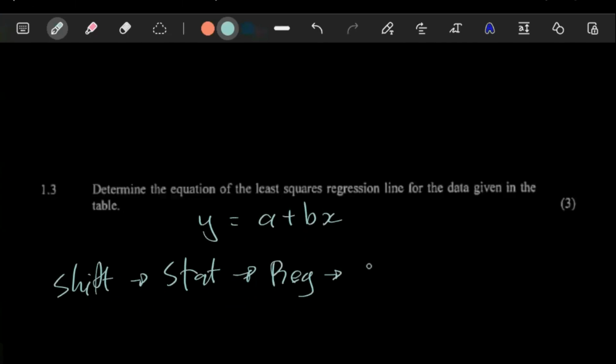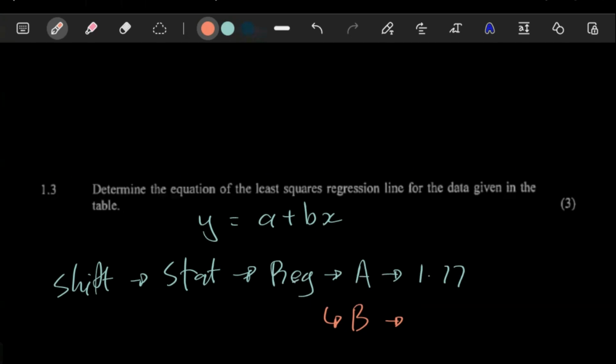You have to get A first, right? So you're going to click on A first, and then you're going to get the answer for A there. The answer for A is like 1.77. You repeat the process, you choose B. Let's see what B is here: shift stat reg B. It's like 0.22.